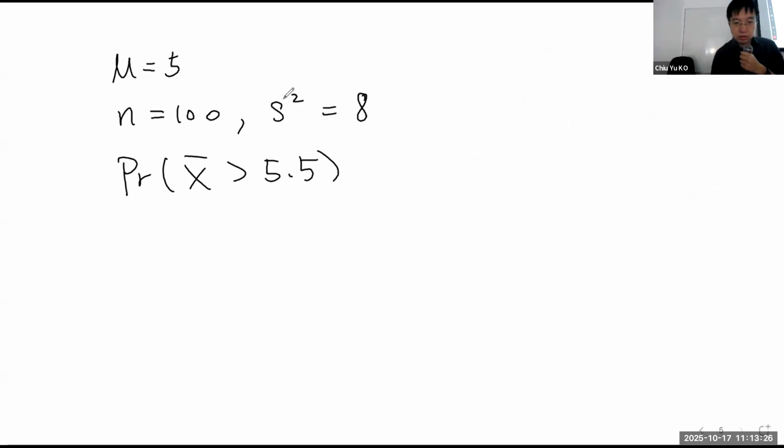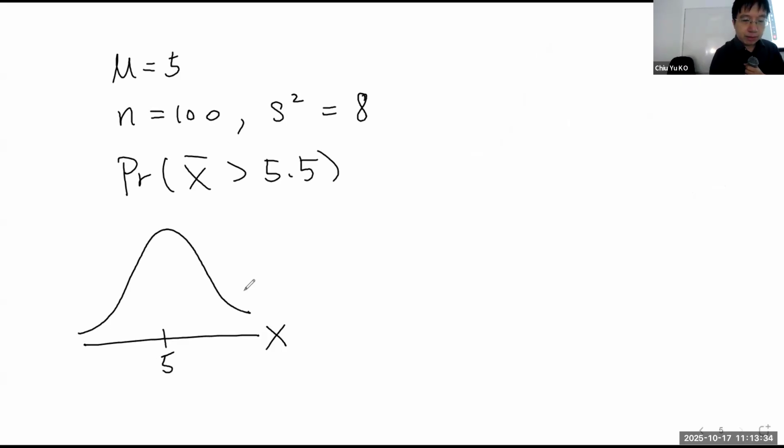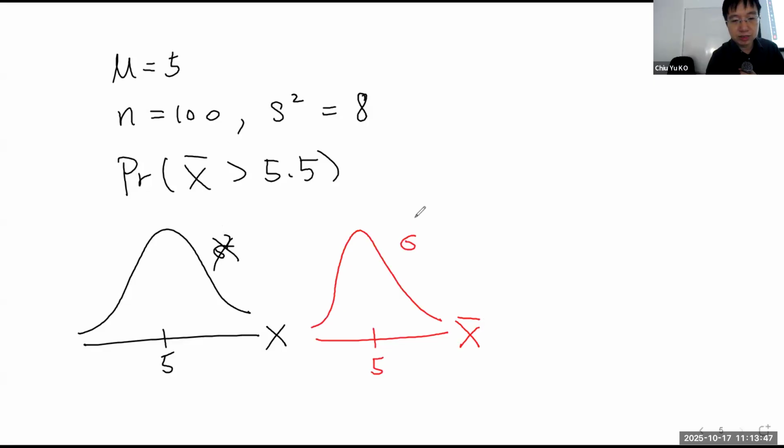The mean is 5, and sigma squared I don't know, no idea. I collect data from the sample mean, still 5. The variance of the sample mean is sigma squared over n, but unfortunately I can't use this fact because I don't know sigma squared. If I knew it, it would be easy.